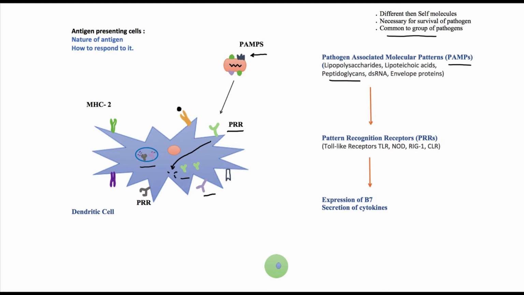This will also result in expression of surface molecules on dendritic cells, including expression of B7. This expression of B7 means that dendritic cells have identified an infectious agent. Dendritic cells then move from site of infection to regional lymph nodes, where they will present antigens to CD4 T cells.